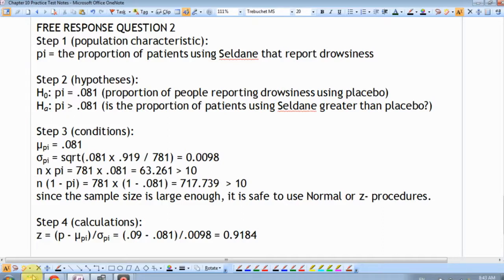Why are we using .09? That's the proportion reporting drowsiness while on Seldane, 9%. Why are we using that instead of the placebo one? The only thing we're using for placebo is 8.1%.